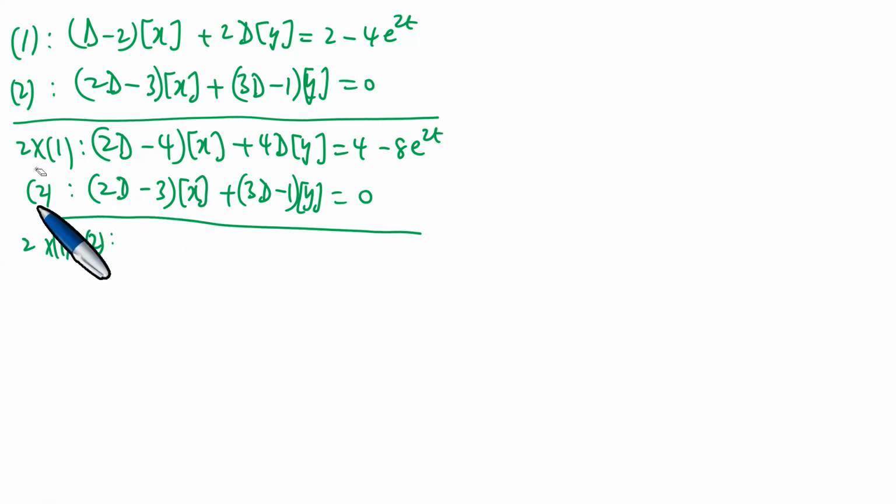Because if you then take this equation right now, and then you take this one minus this one, we'll then have 2d minus 2d, 0. And then now you have minus 4 plus 3, which is minus x.